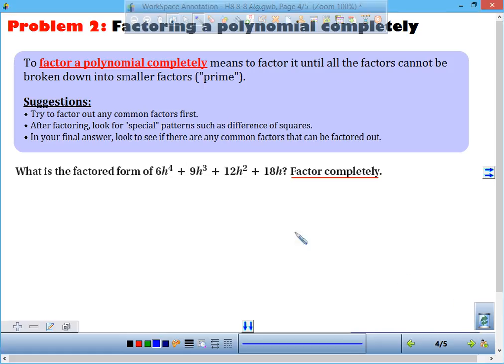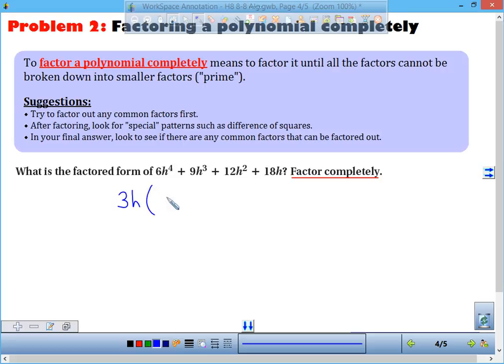So if we look at some other ones, see if there's a GCF right away at the beginning. 6, 9, 12, and 18. Okay, GCF would be 3. And then I can also take an H out of all of those. So I'm going to take that 3H out right away and then rewrite whatever I have left.